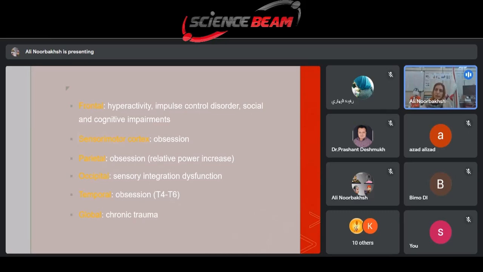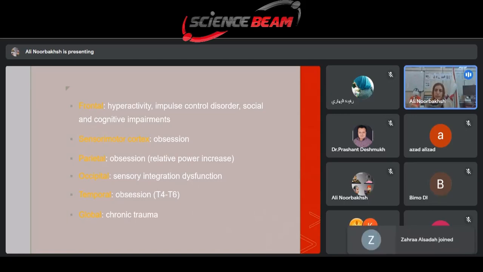If delta is increased in the frontal lobe, it is related to hyperactivity, impulse control disorder, social and cognitive impairments, and if increased in the sensory motor cortex, it is related to obsession. If it's increased in the parietal lobe, it's related to obsession again.